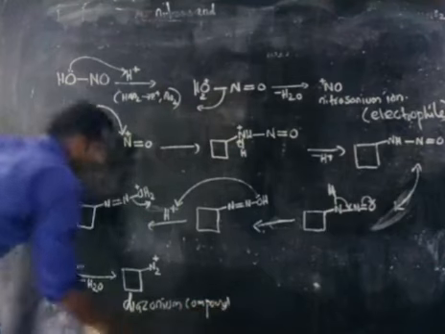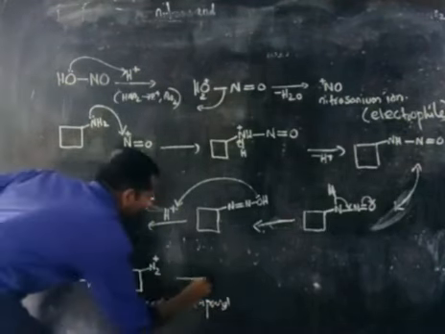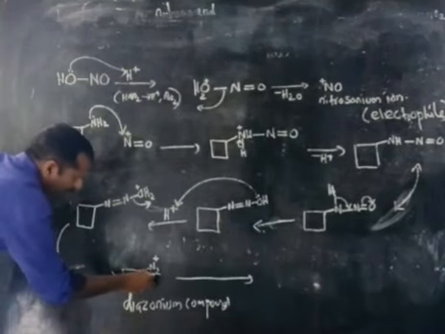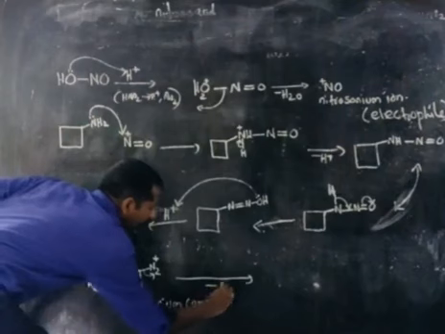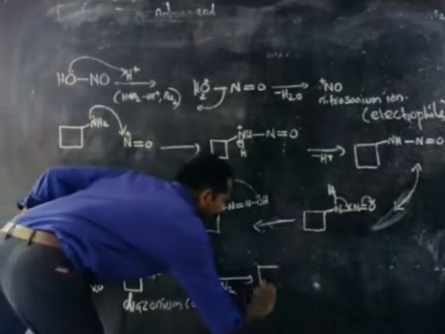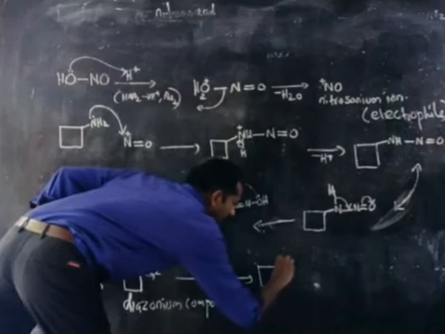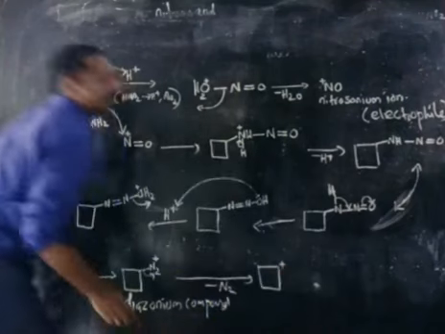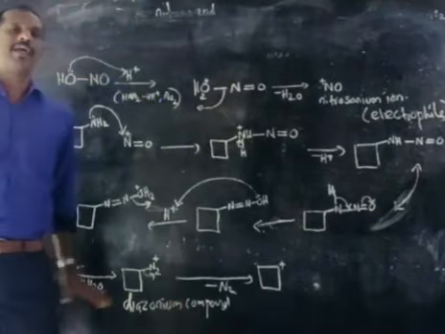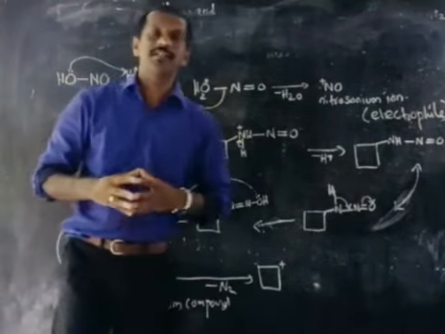Diazonium compound. Now in the next step, look very carefully, this bond breaks, and minus N2, nitrogen gas evolves out, and you get the cyclobutyl cation. This is how the cyclobutyl cation is forming.